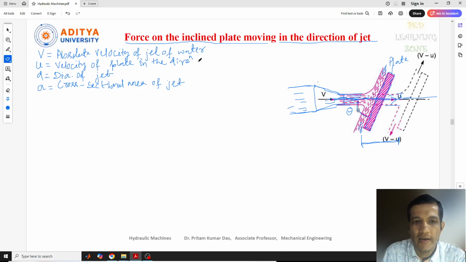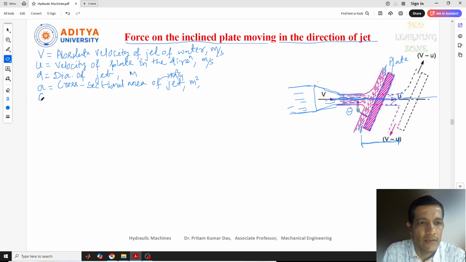Units also we can write here: velocity of the jet is meter per second, similarly the velocity of the plate is also meter per second. Diameter of the jet we consider in meter, and the cross sectional area is meter square, and the formula we know is pi d square by 4. So this area can be calculated as pi d square by 4.